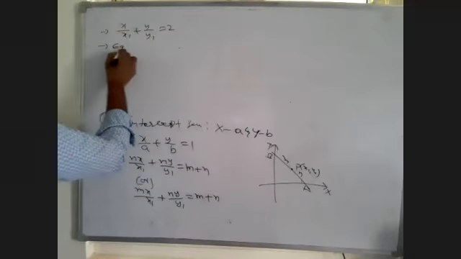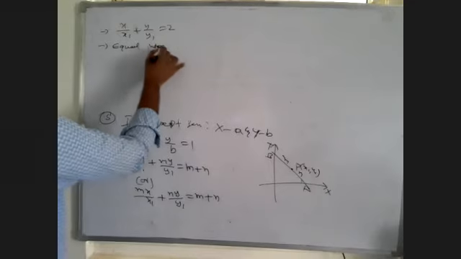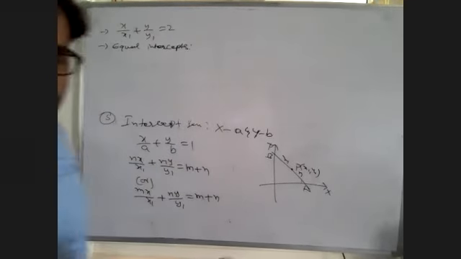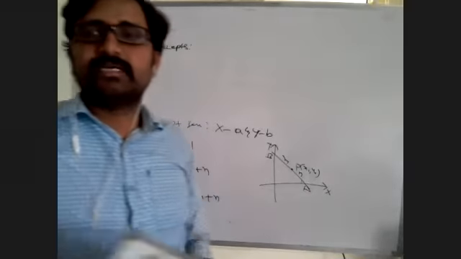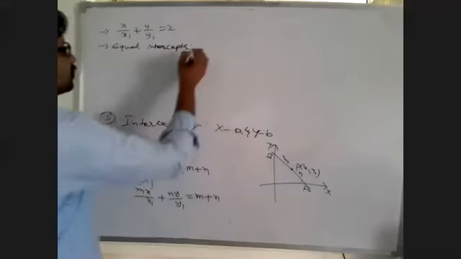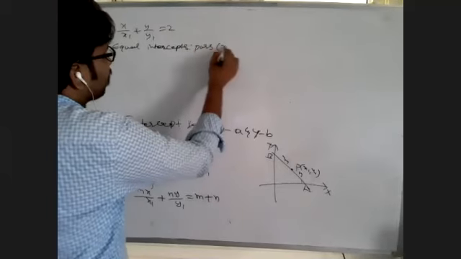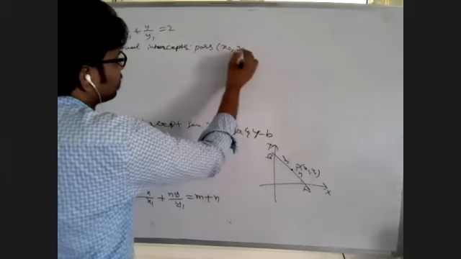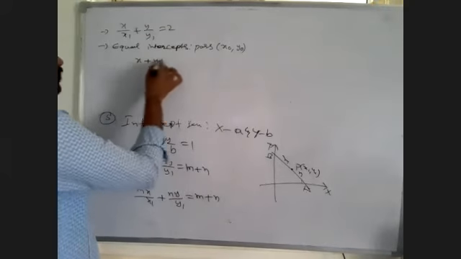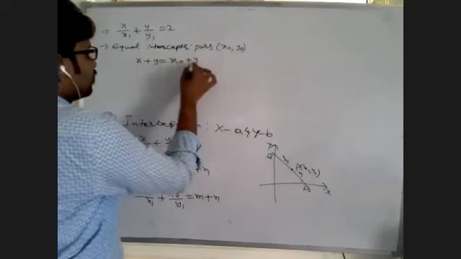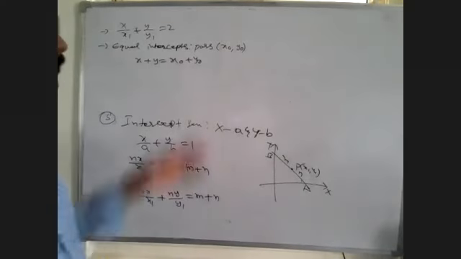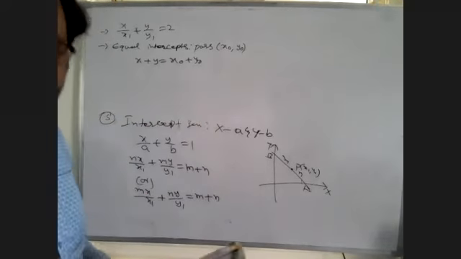If the intercepts of a line are equal, then the equation of the line with equal intercepts and passing through a point x naught, y naught, or x1, y1, or x2, y2 is nothing but x plus y is equal to x naught plus y naught. Whatever it is, x1 plus y1, that depends on the point.